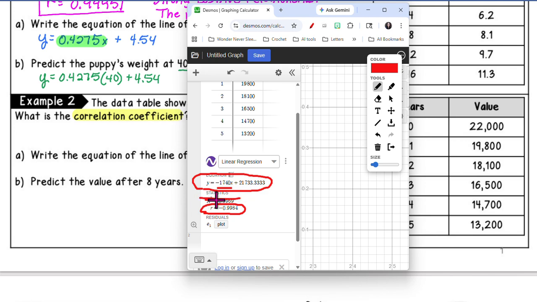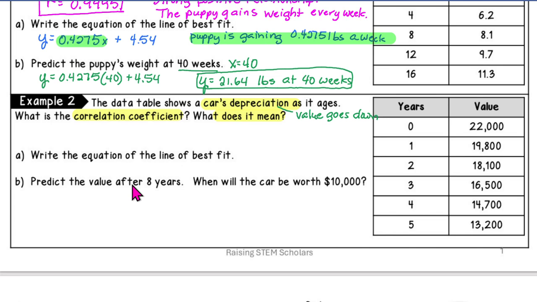I'm not going to worry about that r squared. I'm just going to grab my r value. Now, I wrote this on my other page, so I don't have to look at my calculator. I'm going to go write that down. So my correlation coefficient is negative 0.9984.